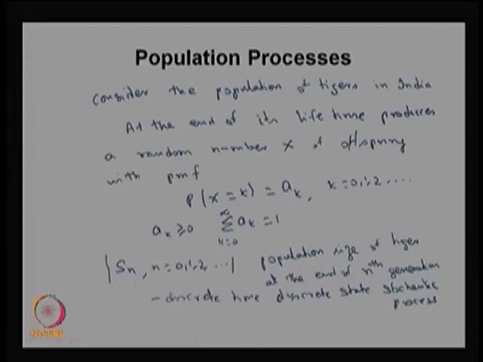I am also assuming that all the offspring act independently of each other, and at the end of their lifetime each individually reproduces in accordance with the same probability mass function of X. With this, Sn will form a discrete time and discrete state stochastic process, where Sn is the population size of tigers at the end of the nth generation.